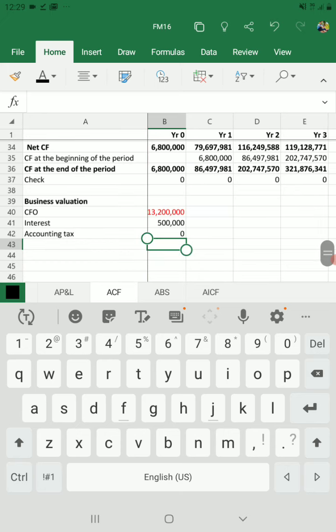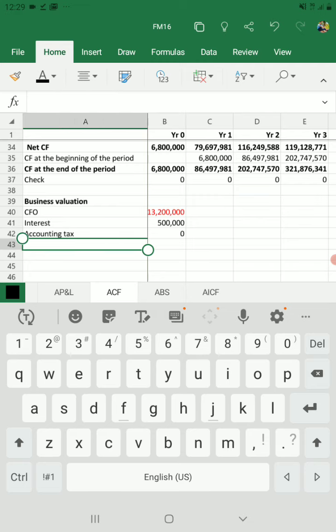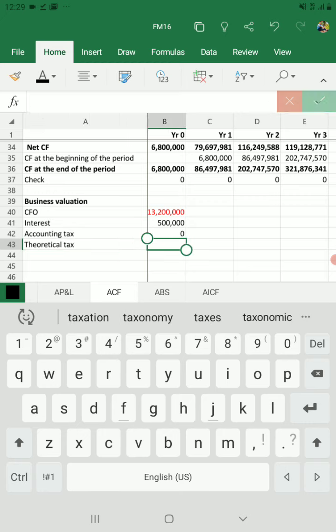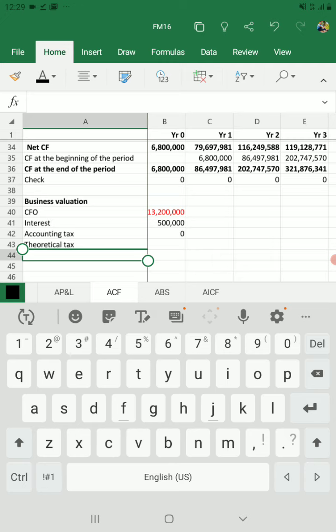And after adding back accounting tax, we will now need to remove the theoretical tax. This is the tax figure computed after adding back interest payments to arrive at profit before tax. And then we will compute it.